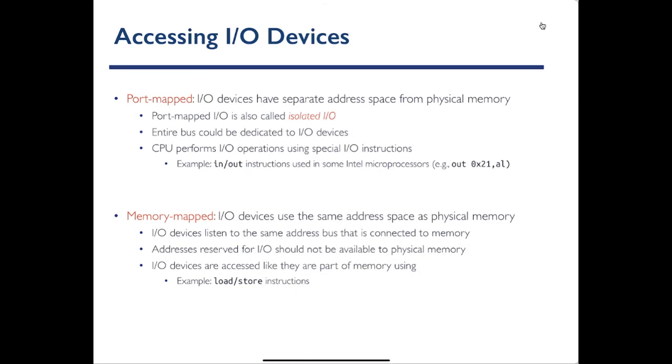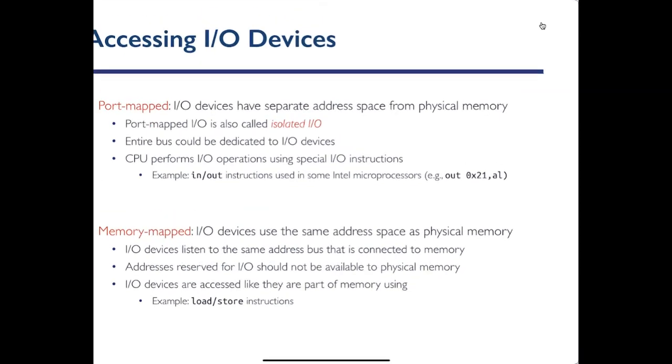Now, for the CPU to send requests on this IO bus, it has to use separate requests. So in Intel, for example, when you use in and out instructions, you automatically send requests on the IO bus.